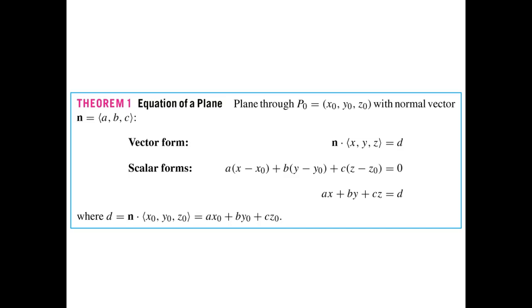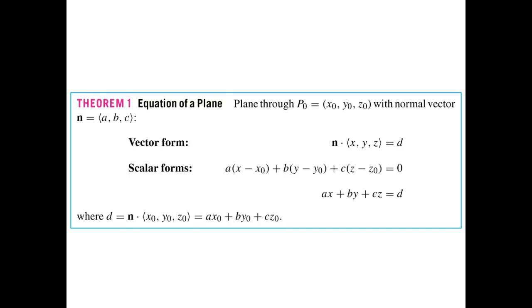That's a scalar form in x, y, and z. There's a vector form in x, y, and z. Here's a scalar form. Those A, B, C and x0, y0, z0, those are all constants. These are your variables. And it's the same as that. Okay? Now, the other way of writing that scalar form is merely doing that. AX plus BY plus CZ is equal to D. It's also a scalar form of this.